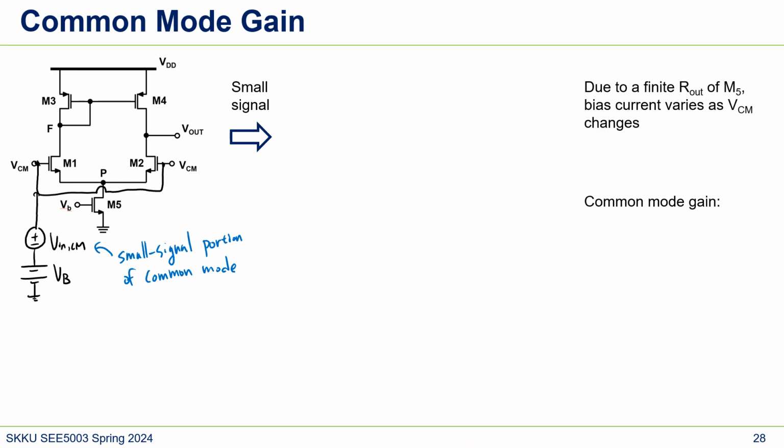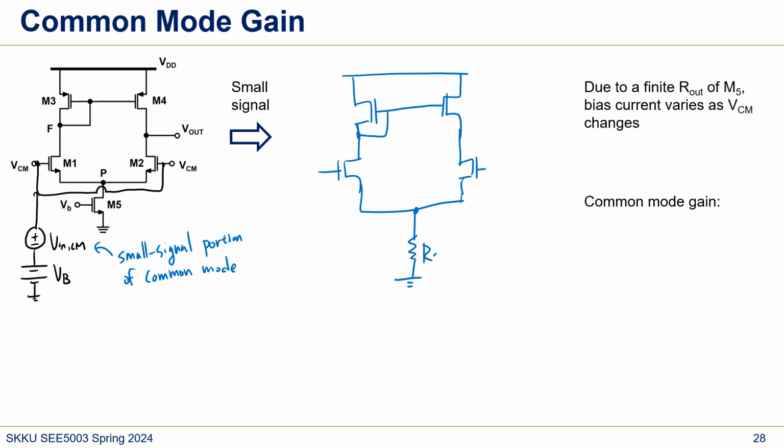So if we change this circuit to a small signal model, it'll be like this, and here we have RSS. That's when we consider the channel length modulation.